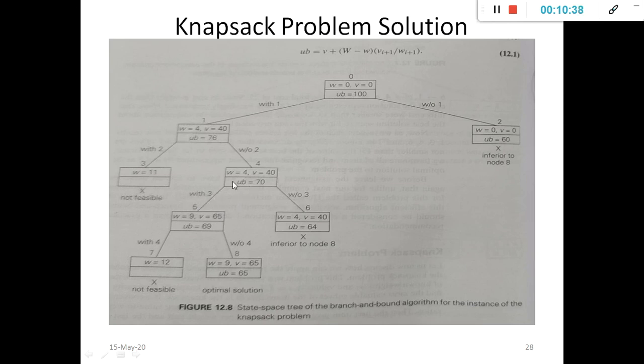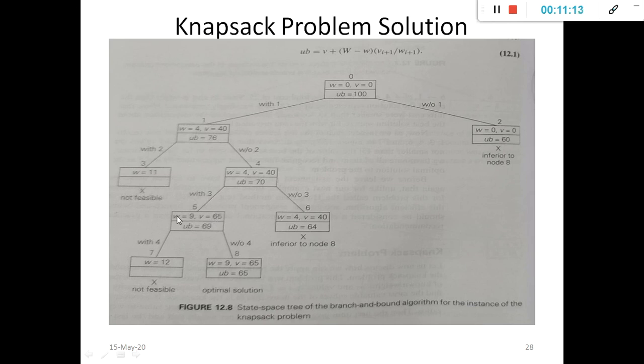When you place item 3 into the knapsack, the weight of item 3 is 5 and the value of item 3 is 25.